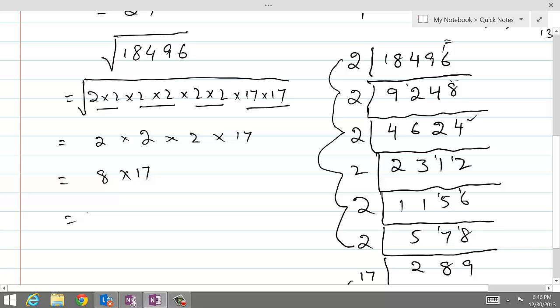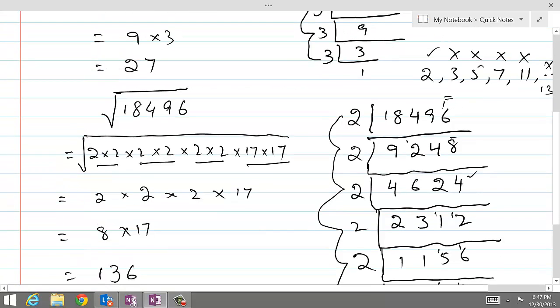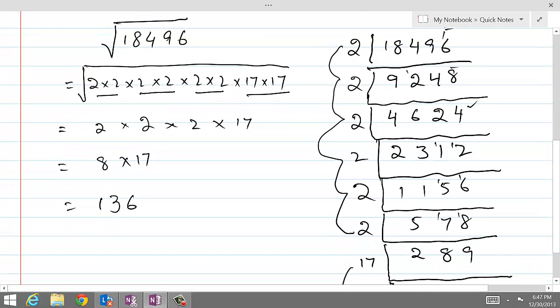Now you can multiply 8 times 17. 8 times 7 is 56. 5 is carried over, and 8 one time is 8, and then add 5, that will be 136. So you see how easy it was to find the square root of such a big number using the technique called prime factorization.